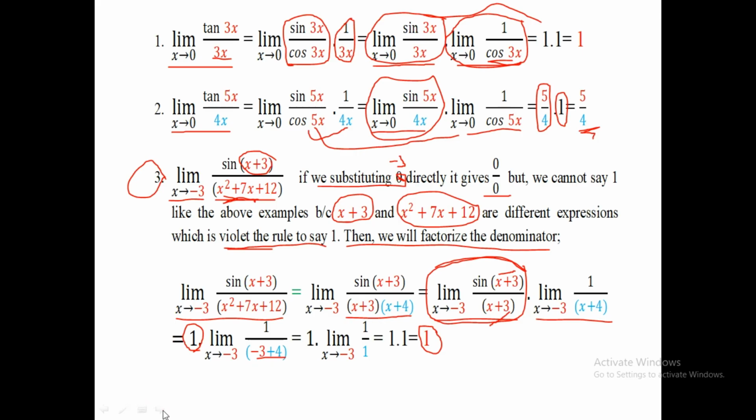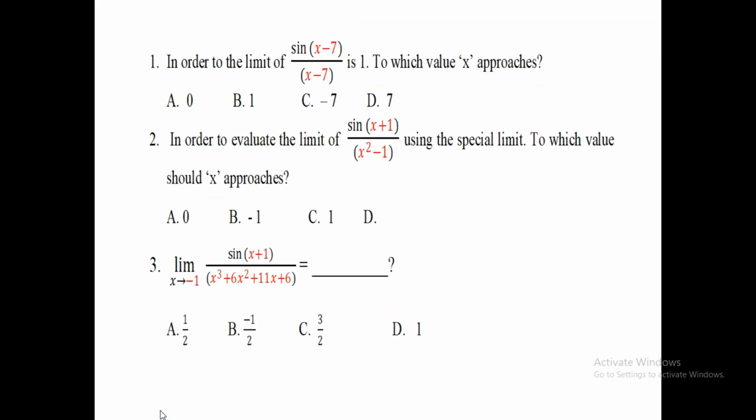In general these are indeterminate values, which means 0 over 0, infinity over infinity, 1 to the power of infinity, infinity minus infinity, or infinity times infinity. Such values are called indeterminate values.